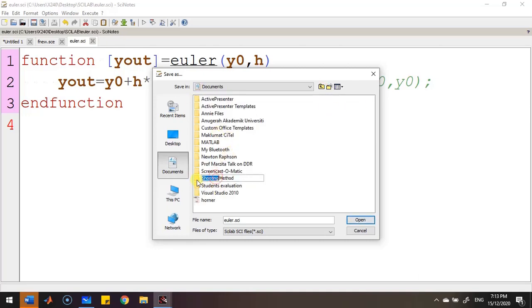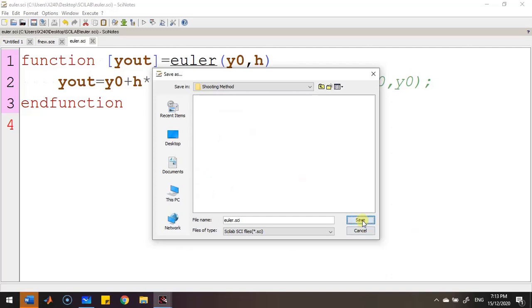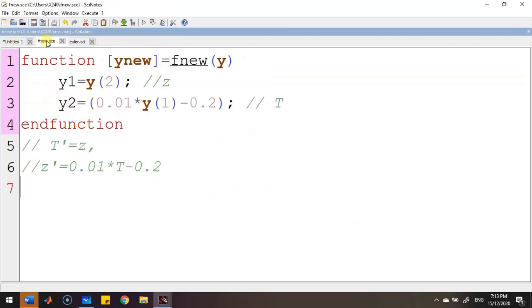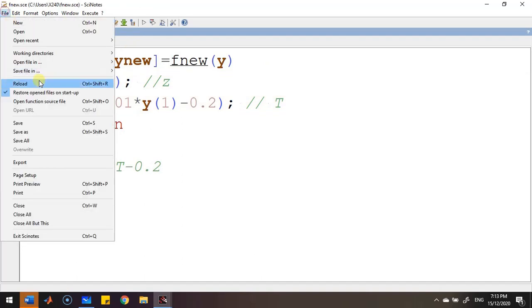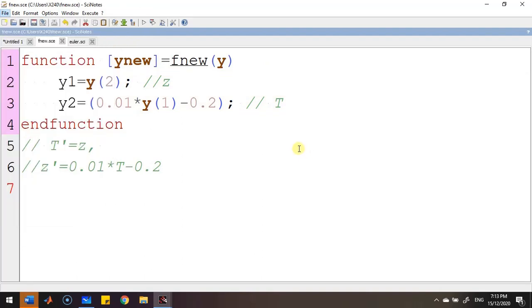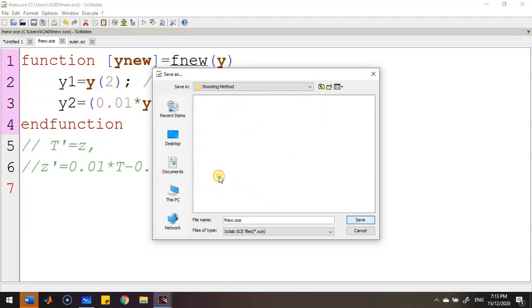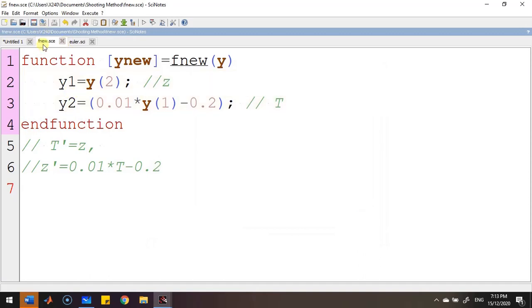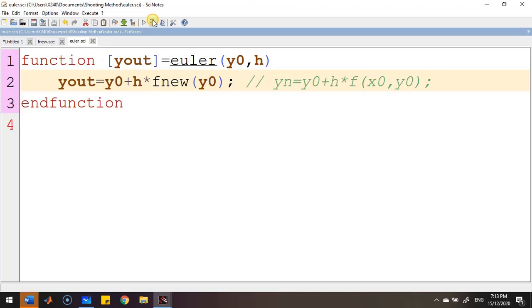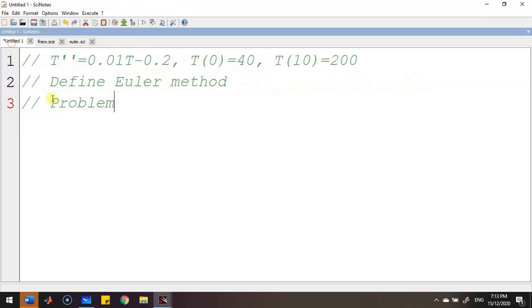Then this function now, where did I save it? I need to save it again inside my shooting method folder in document. Okay, save. Press the execute button for f new, press the execute button for Euler. Okay, go back to my main file now.